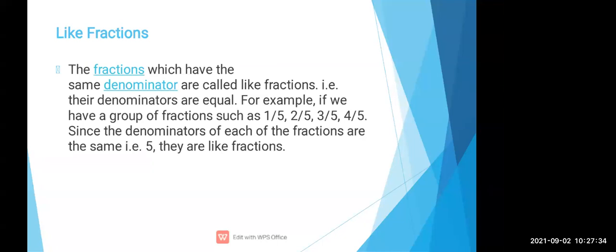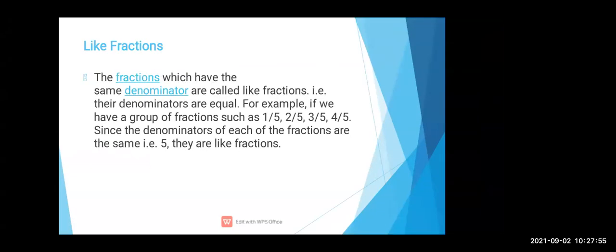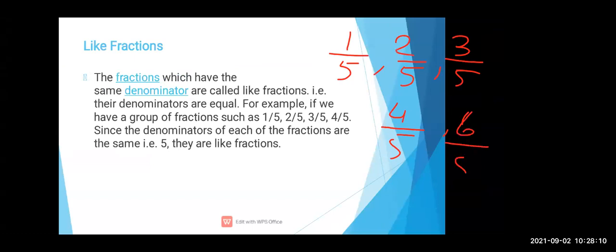For example, if we have a group of fractions such as 1 upon 5, 2 upon 5, 3 upon 5, 4 upon 5. Since the denominator of each of the fractions is the same. Now you can see over here the fractions that are given: 1 upon 5, 2 upon 5, 3 upon 5, 4 upon 5 and 6 upon 5, for example.